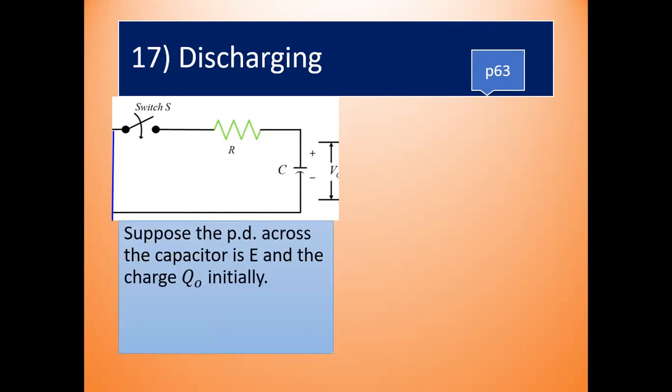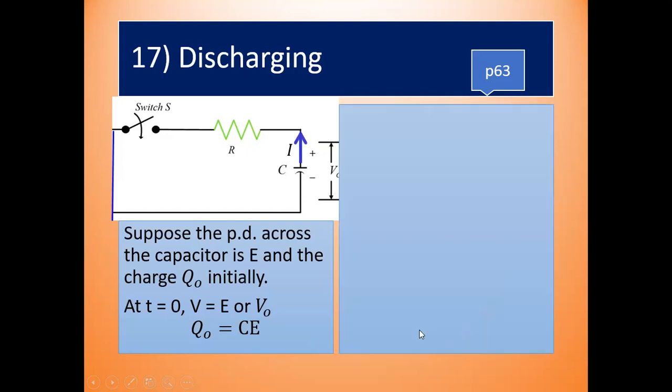Suppose the PD across the capacitor is E initially, and the charge is Q naught. At time 0, the voltage is E or V naught, so the charge is CV, where V initially is E. That's where the current will flow.